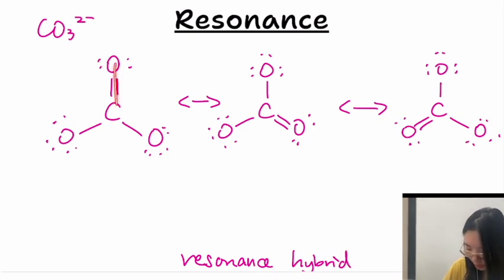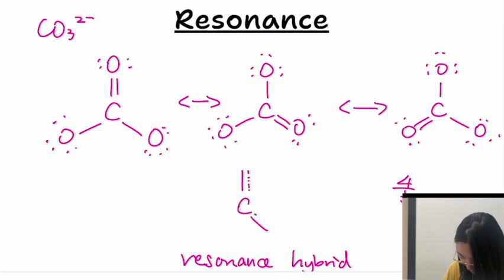Each of the carbon-oxygen bonds will be equal to the other two. They are sharing two single bonds and one double bond, so each carbon-oxygen bond will be 4/3 bonds. It is represented as a solid line and a dashed line.